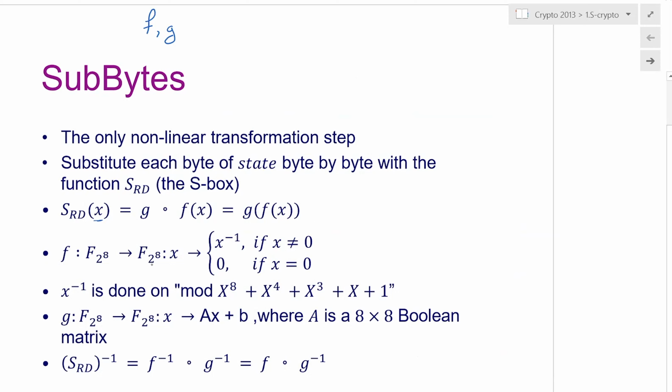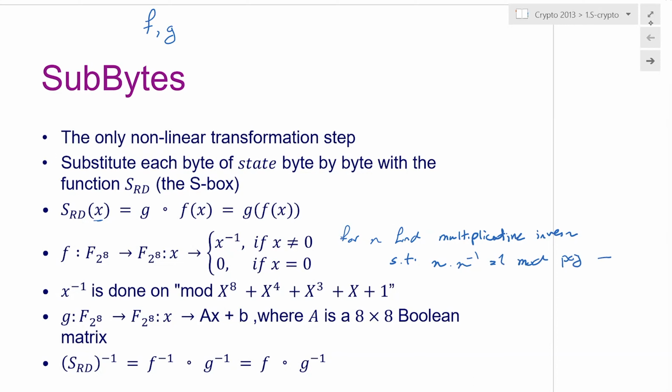The f function is nothing but computing the inverse of this value. So for any value x, find the multiplicative inverse such that x times this multiplicative inverse becomes 1, mod that polynomial, right?